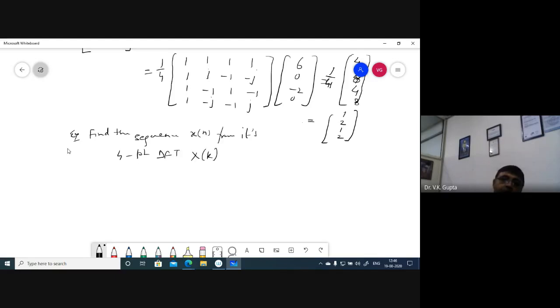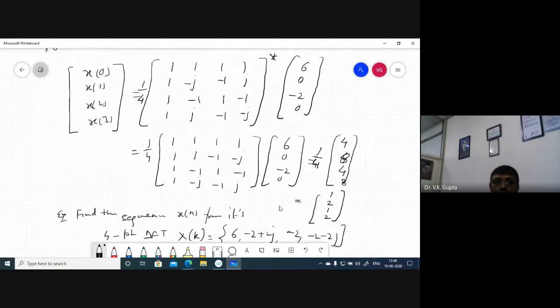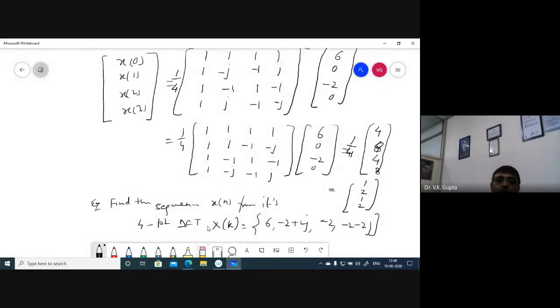X[k] is equal to 6, -2 plus 2j, -2, -2 minus 2j. So N is 4 and X[k] will be this, so we can put this here.